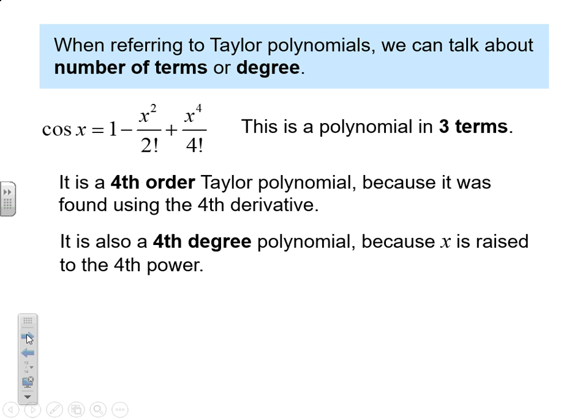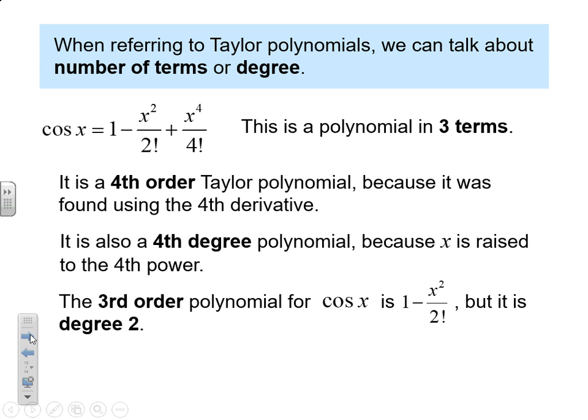If I say 4th degree polynomial, same thing there. But since there is a term or 2 that is 0, instead of 5 terms, we really have 3. One minus x squared over 2 factorial, we could say that it is a 3rd order polynomial, but it's degree 2. So those aren't always going to go hand in hand because you could have a 0 term. You know what I mean?